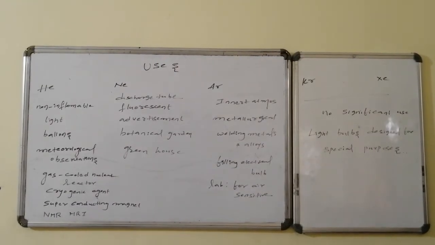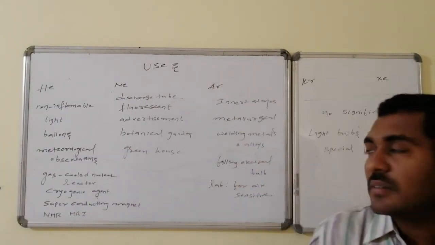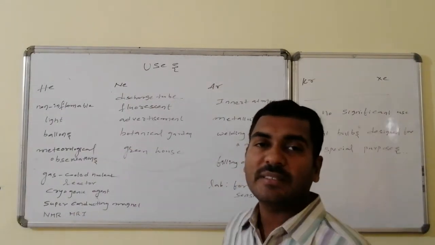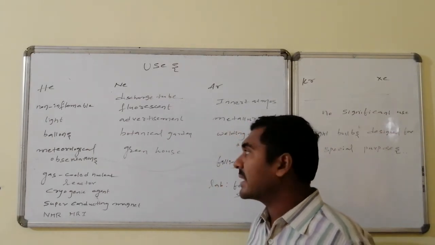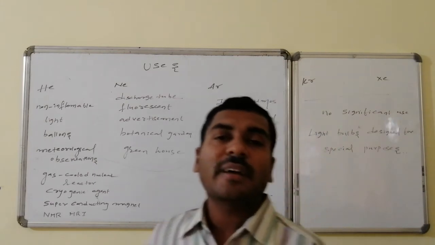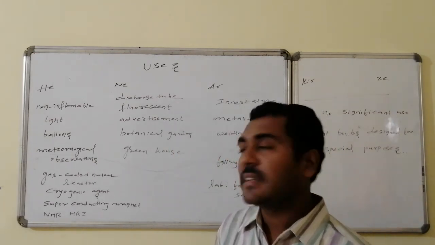Yes, uses of the inert gases: helium, neon, argon, krypton and xenon. Let us go for helium. Helium is a non-inflammable gas, it doesn't catch fire, and it is a light gas. If you look at it, hydrogen is inflammable, so helium is safer, and the lightest gas is helium.